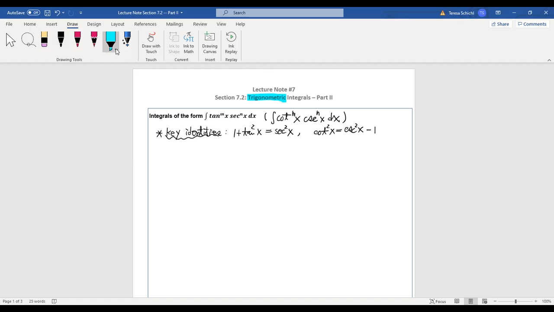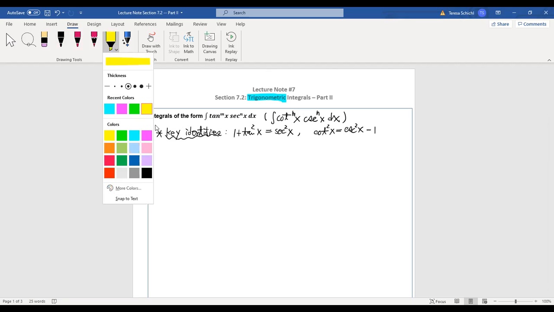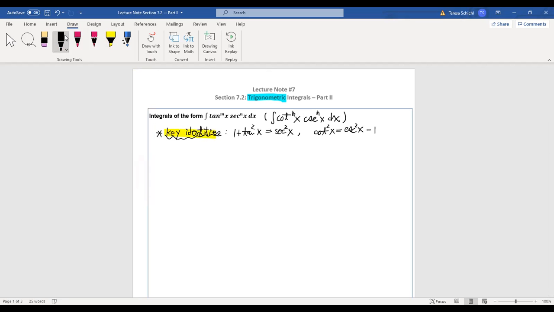That is the first thing, like we did for part 1: what are the key trig identities we need to know. The second thing is that we need to get familiar with some key derivatives, which are very fundamental derivative formulas. The first one we need to know is d/dx of tangent x.